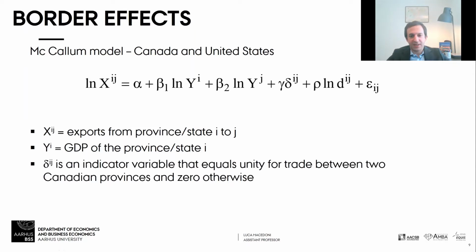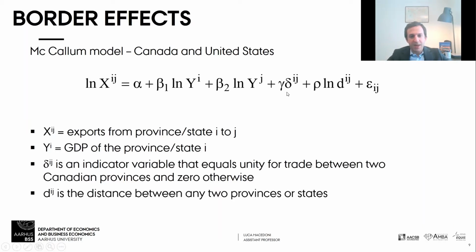Then there is an indicator delta ij, which equals 1 if i and j are two Canadian provinces, and 0 if i and j are a Canadian province and a US state. So before interpreting this gamma, let me just conclude here. What we have as dij, that is the distance between the two provinces or states i and j.